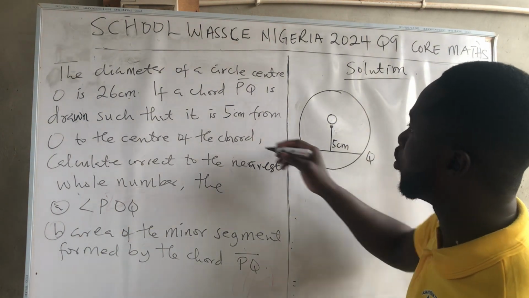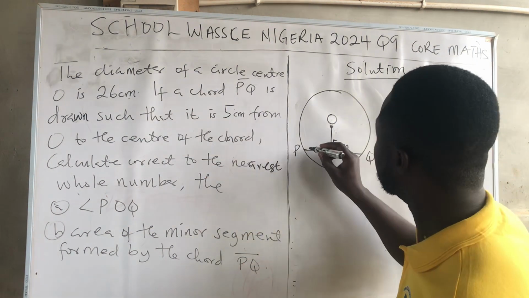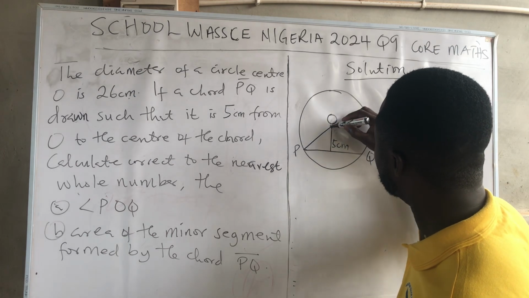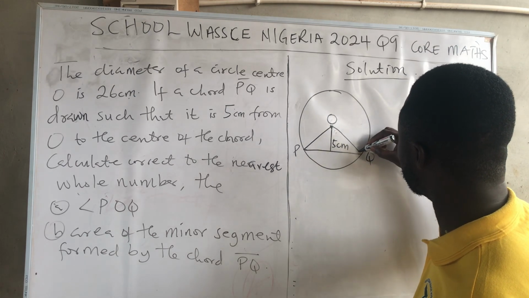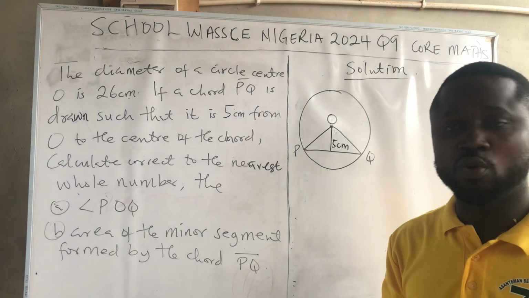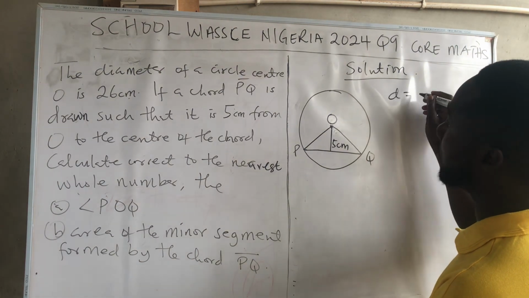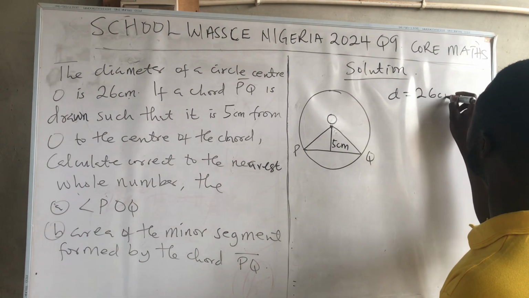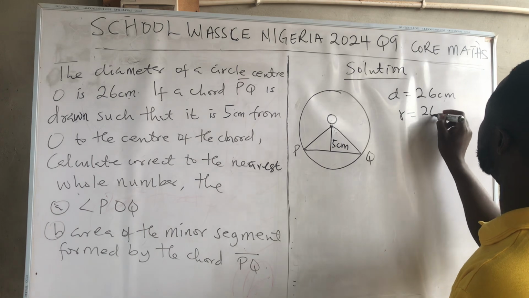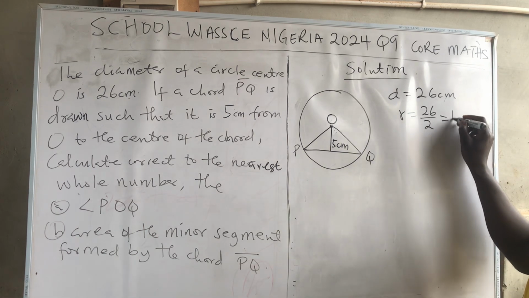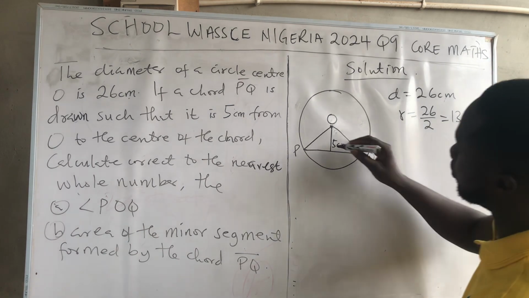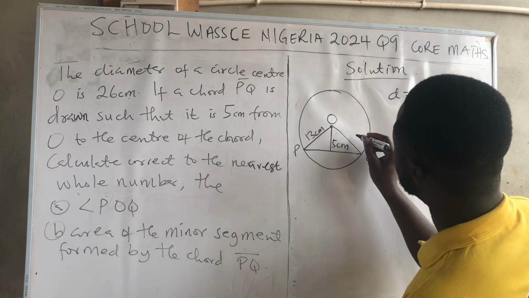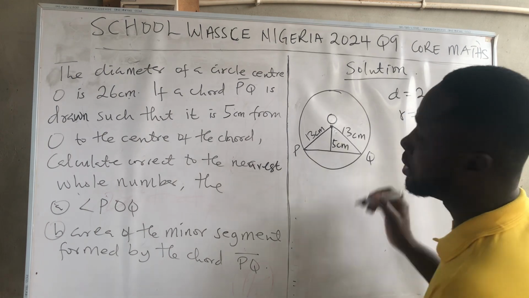Then because we are given the diameter, we can get a radius here, and another radius also here. Our diameter is 26 centimeters, so our radius is 26 over 2, and that will give us 13 centimeters. So here will be 13 centimeters, and here will also be 13 centimeters.